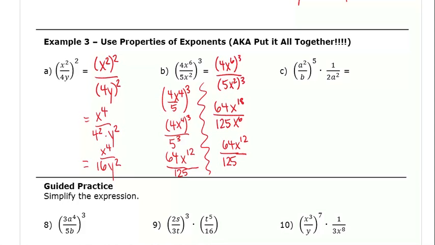In letter C, let's start by doing this power of a quotient. So I'm going to apply this fifth to both here. So 8 squared to the fifth would be 8 to the 10th. B to the fifth power is just b to the fifth. And now I'm multiplying these two things together.